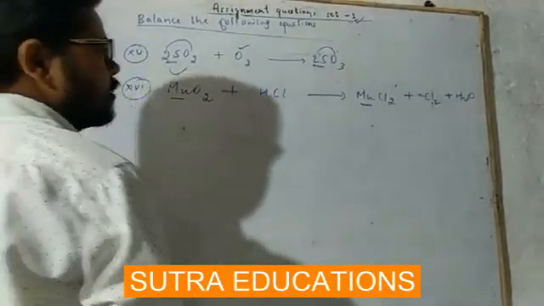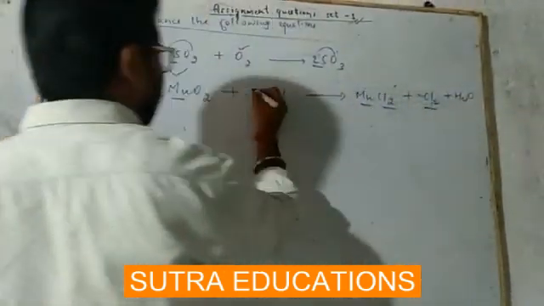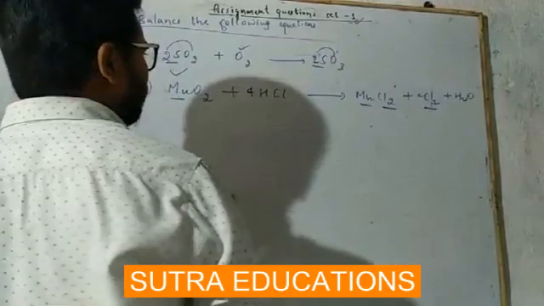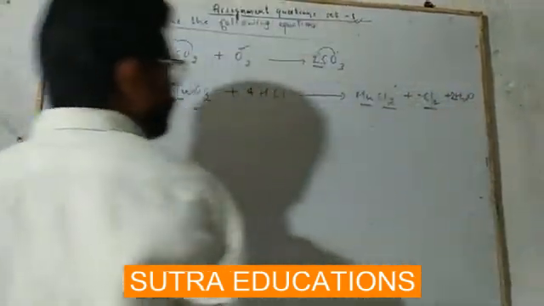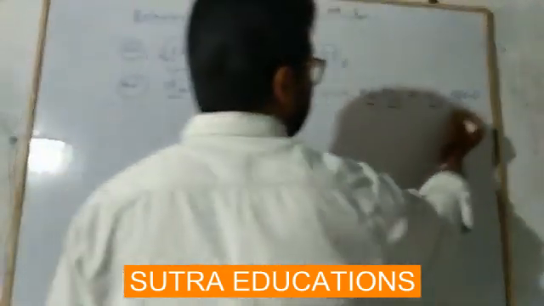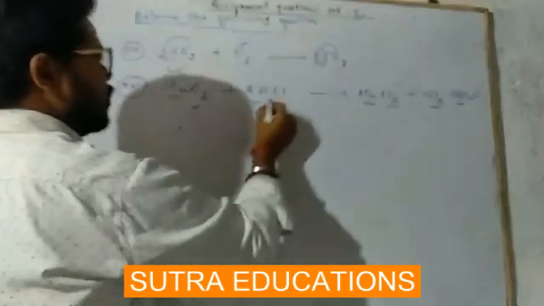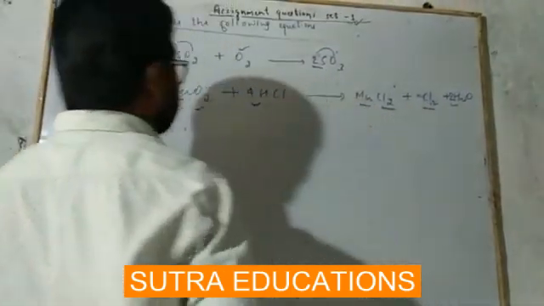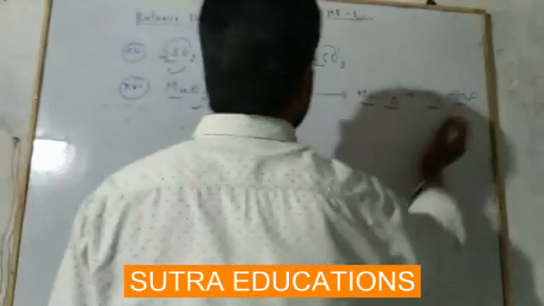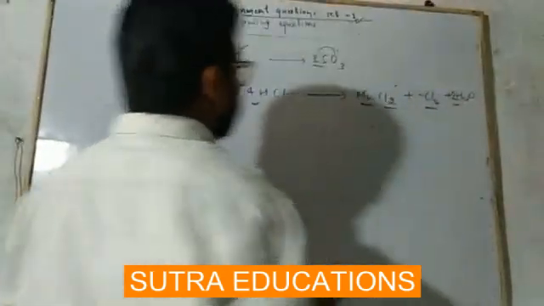Chlorine is 2 plus 2, 4, so multiply this by 4. Now oxygen is 2 here, oxygen is 1 here, so multiply this by 2. Now hydrogen is 4 here, hydrogen is 2 into 2, 4 here. Now check: manganese 1 on both sides, chlorine 4 on both sides, oxygen 2, oxygen 2, hydrogen 4, hydrogen 4. The equation is balanced.